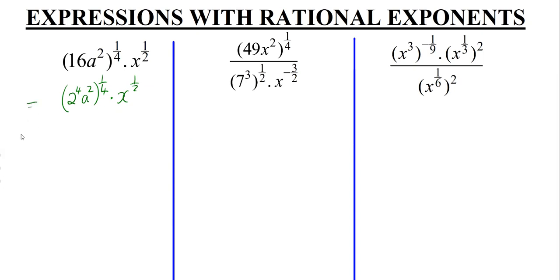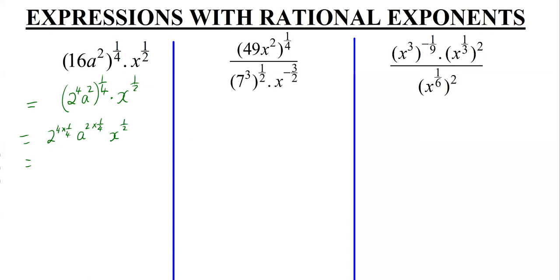Now, what do we get? What do we do from there? We are having 2 to the power of 4 times 1 over 4. Okay, a to the power of 2 times 1 over 4. Okay, then x to the power of 1 over 2, like that.